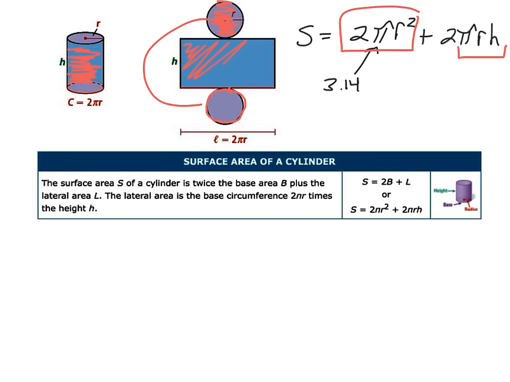So pi is still 3.14, and the radius is half the distance across the circle, and h is the height of the cylinder. So the surface area, S, of a cylinder is twice the base area, B, plus the lateral area, L. The lateral area is the base circumference, 2 pi r, times the height, h.